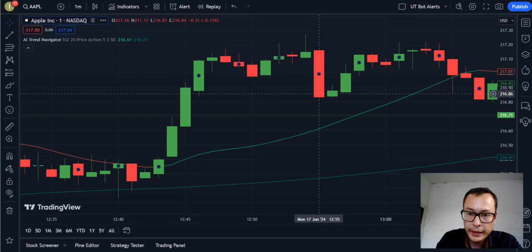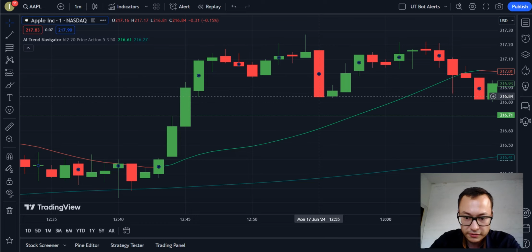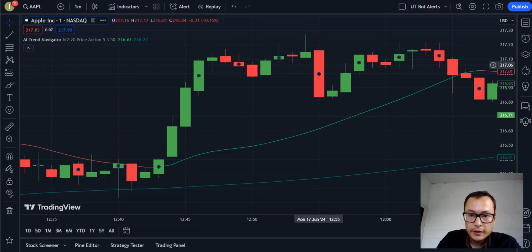And then by the end of 12:55 p.m., when it's almost 12:56 p.m., the price of the Apple stock was $216.84. So this is a decrease in the price of the Apple stock.